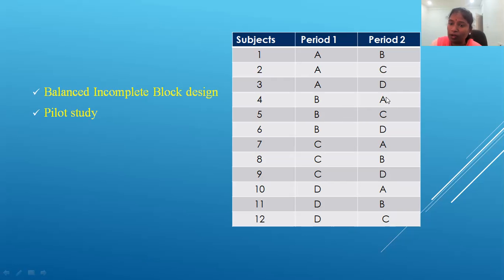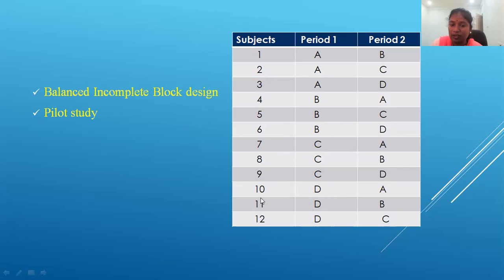Except B, you give all the other formulations to subjects 4-5-6. C was given in the first period to subjects 7-8-9, so except C you give A, B, D to them.